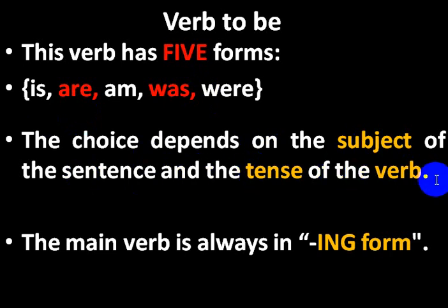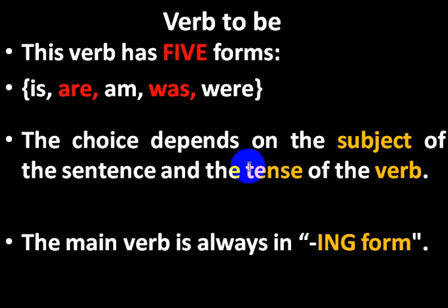So if you want to choose which one, I have to see the subject, whether it is singular or plural, whether it is first person, second person, or third. When I say third, it means she, he, it. Second means you for singular and you for plural. If I say first person pronoun, it means I or we.